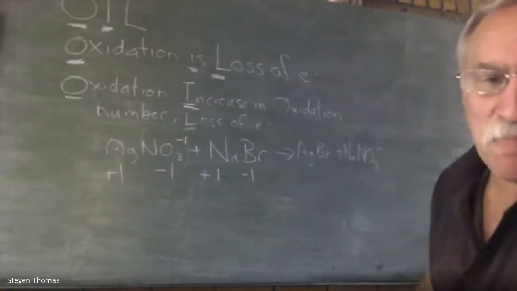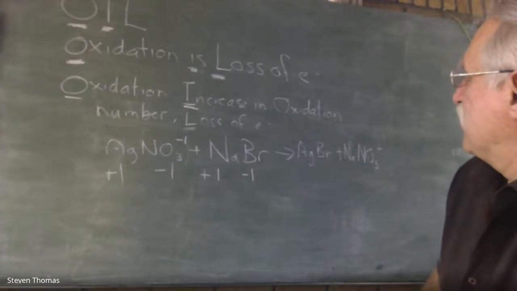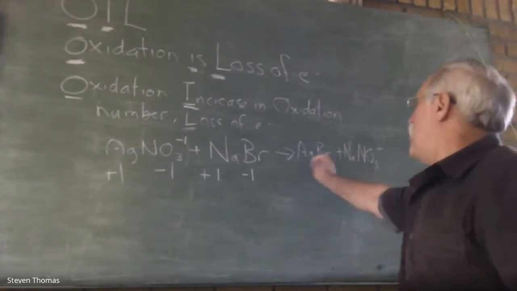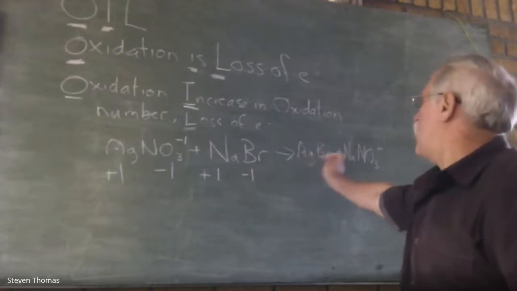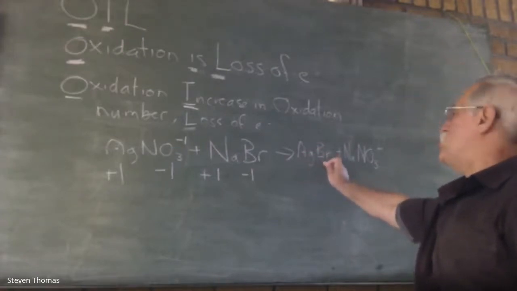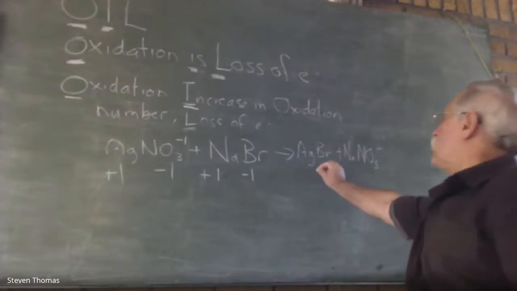Okay, so they've swapped partners. What's the oxidation number now of the silver and the bromine? Let's start with bromine. What's bromine's oxidation number? -1. Lovely.